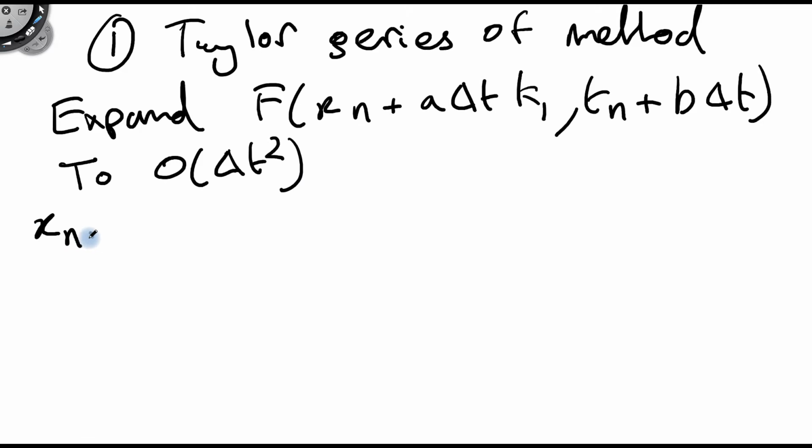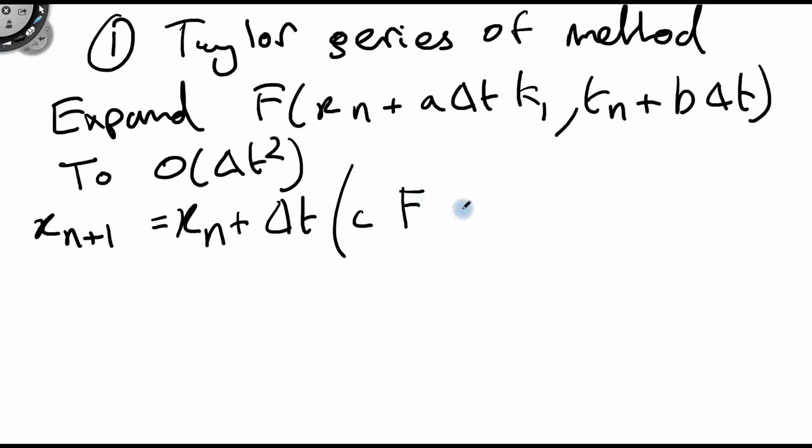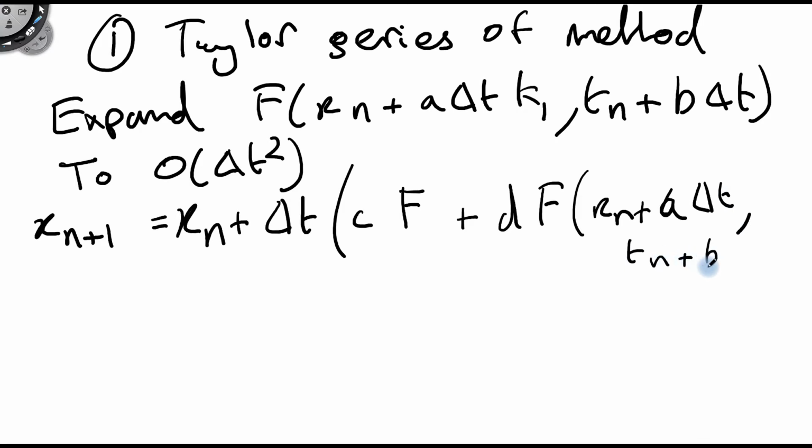So that means that x_{n+1} equals x_n plus delta t. So this is just doing your Taylor series. c f plus d times f(x_n plus a, and we haven't done the expansion yet. So that d is little d. And to expand this thing, a little bit clearer there.